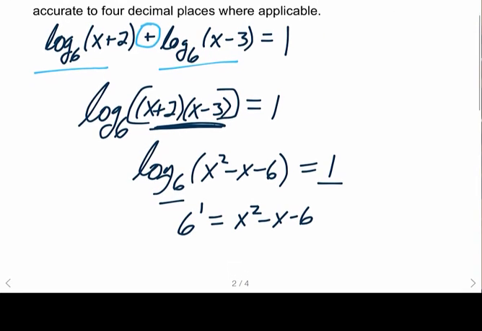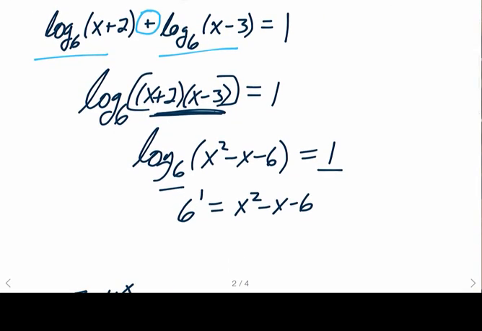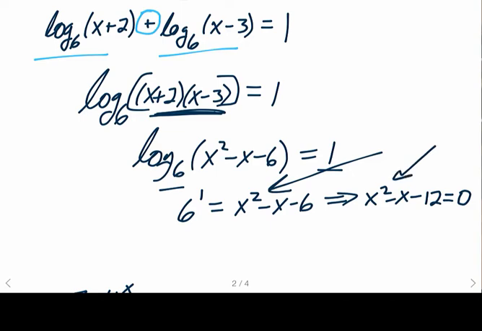Subtracting 6 from both sides to end up with 0, I am going to end up with x squared minus x minus 12 is equal to 0, which I wanted to do because, I don't know if you noticed, this turned into a quadratic equation where we had an x squared, which is most easily handled in this case by factoring.